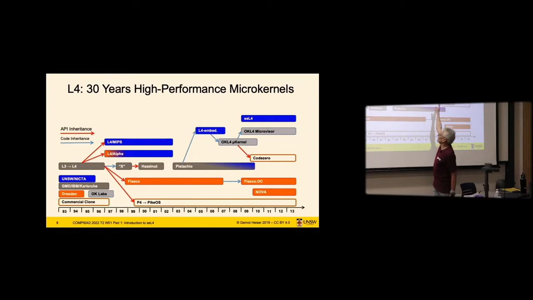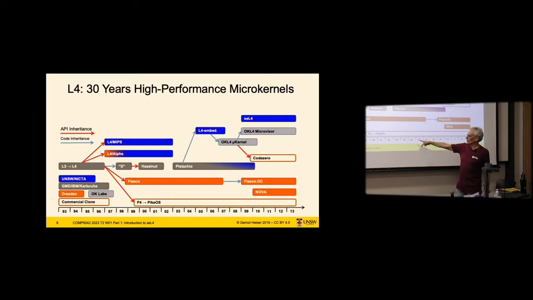Everything in blue here is done here at UNSW, and the light blue stuff is a startup company I founded 16 years ago. You see that there's a bunch of other kernels out here. You hear these names every now and then.